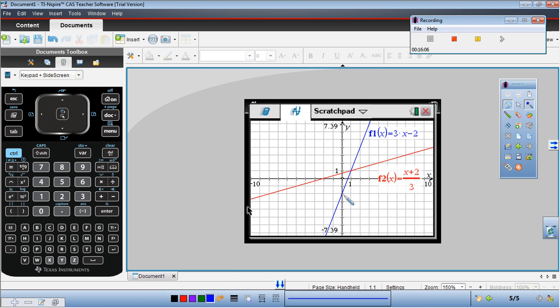This point right here is 0 for x, and then negative 2 for y. So my inverse function should be reverse of that, negative 2, 0. So I come over here at negative 2, 0, and oh, look at that, there's my other point.